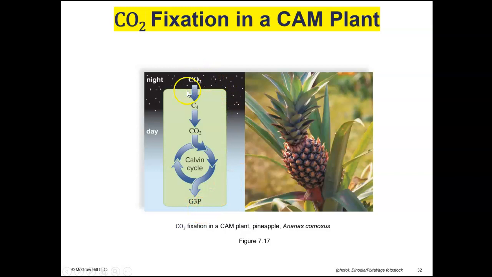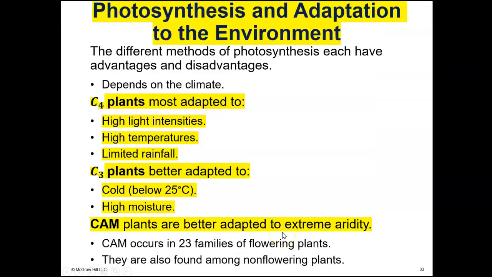So basically, at night the carbon dioxide forms the C4 molecule, and during the day the C4 molecule breaks down, carbon dioxide is released and allowed to form G3P. So it divides up the steps of the Calvin cycle by time, whereas the C4 plants divide it by location in the leaf tissue. An example of a CAM plant is a pineapple.